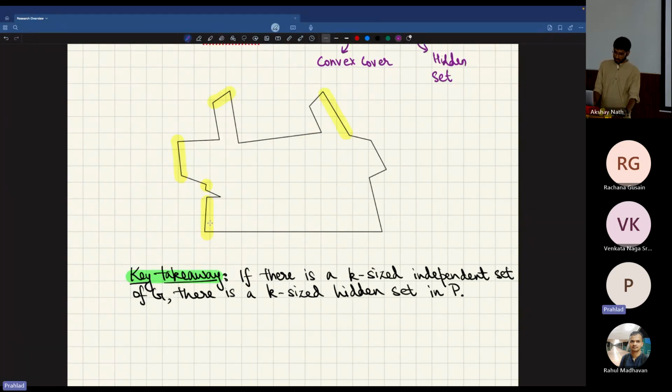So this is an independent set of the graph, right? Because there are no edges between these edges, no arcs between these edges in our graph. So it turns out that we can indeed place hidden points in here.